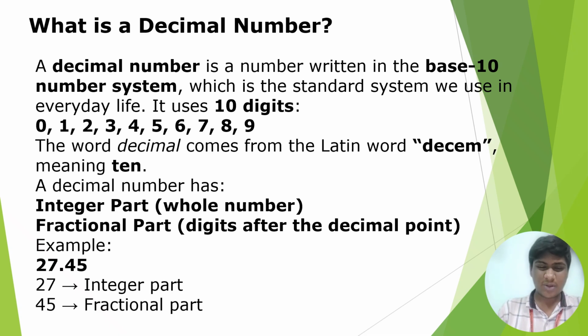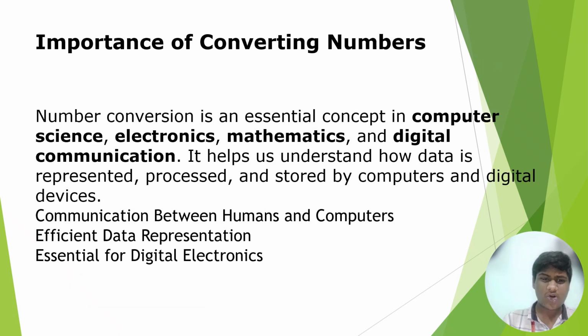A decimal number has an integer part, the whole number, and a fractional part, the digits after the decimal point. Example: 27.45, where 27 is the integer part and 45 is the fractional part.